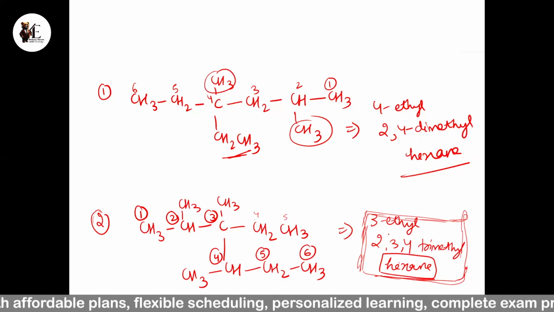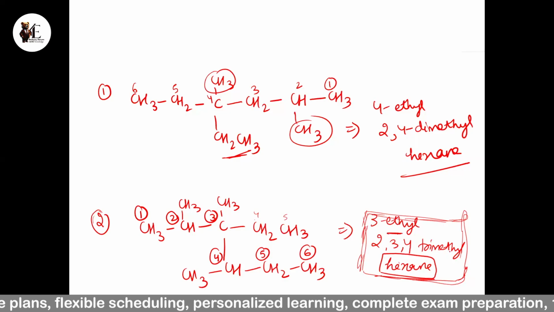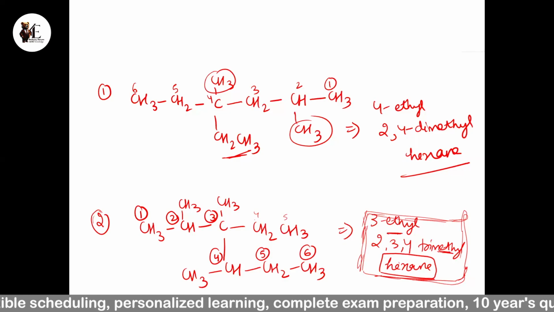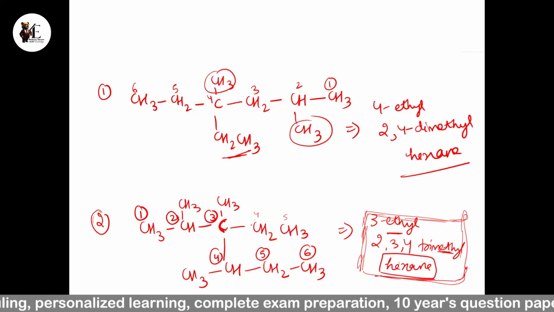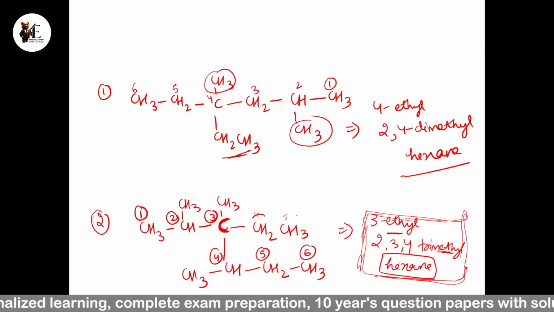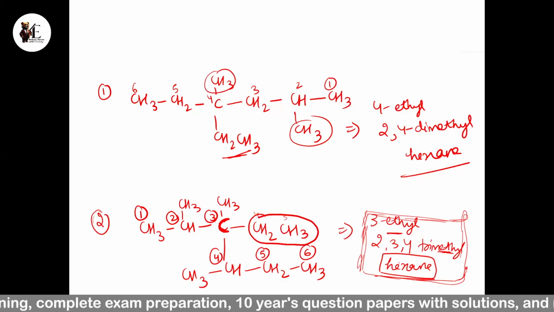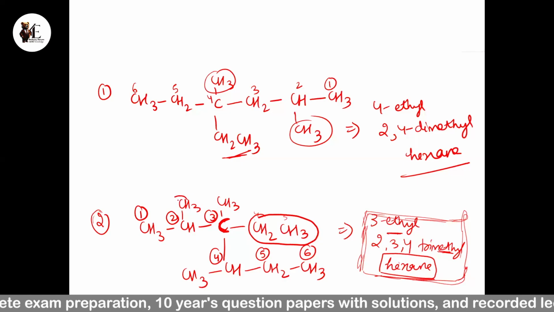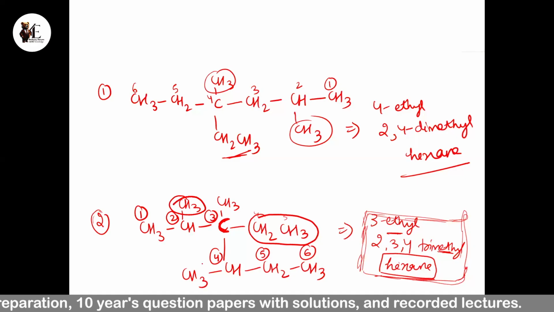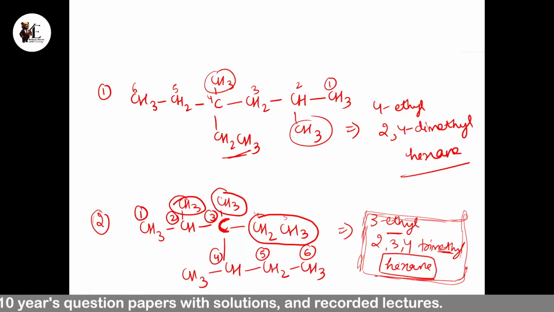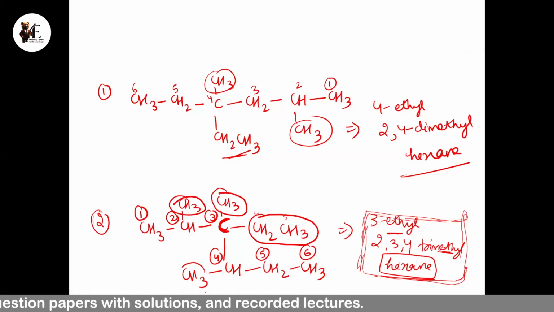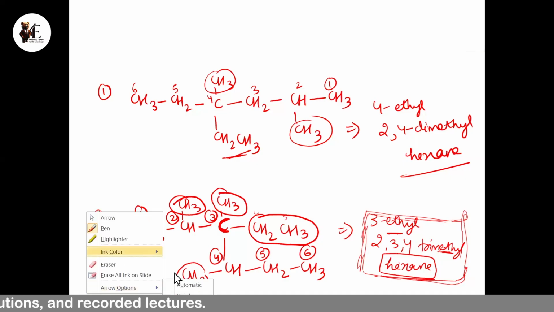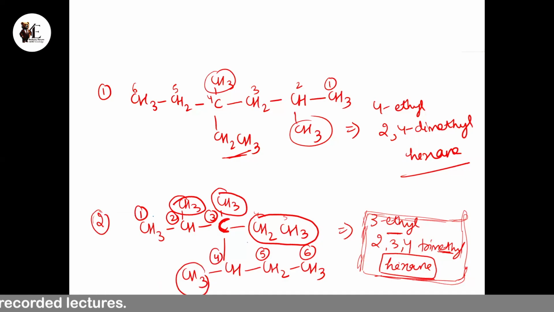First of all, ethyl will come as compared to methyl because of alphabetical order of substituents. So at the 3 position you have an ethyl group. So 3 ethyl, then substitute methyl groups. At the second position, we have methyl group. At the third position, a methyl group. And at the fourth position, a methyl group. And this is your longest chain.